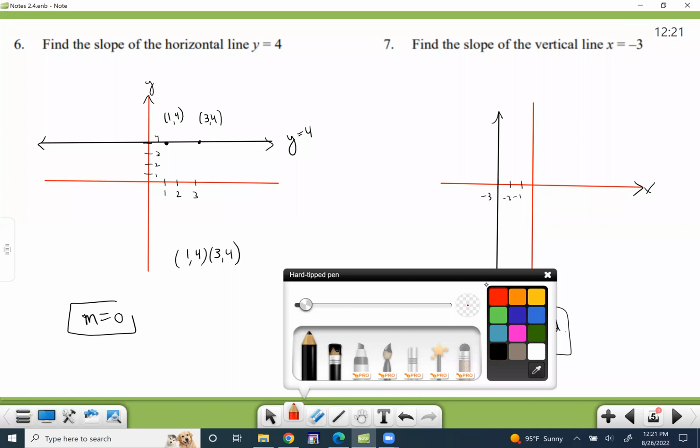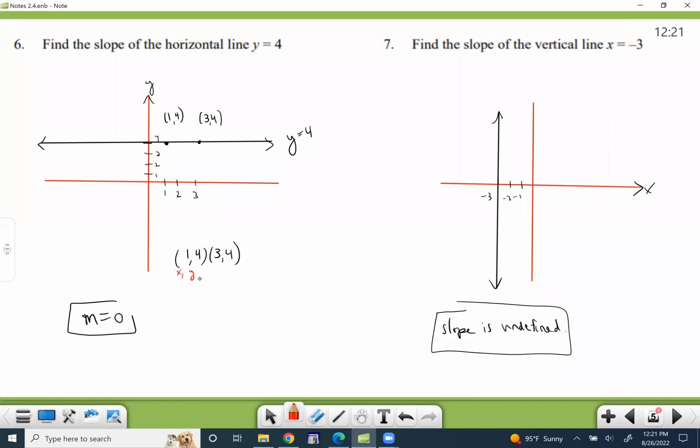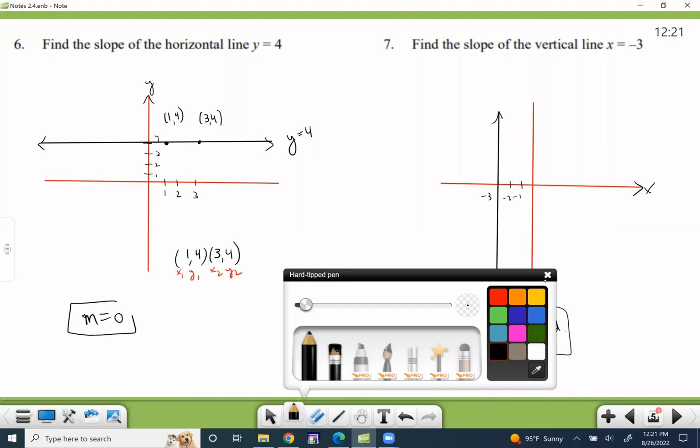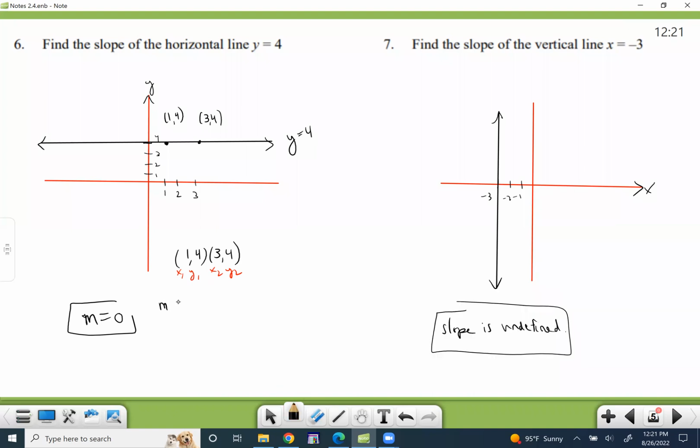So we've got to label them: X1, Y1, X2, Y2. Let's substitute in. Y2 minus Y1 over X2 minus X1. So it would be 4 minus 4 over 3 minus 1.